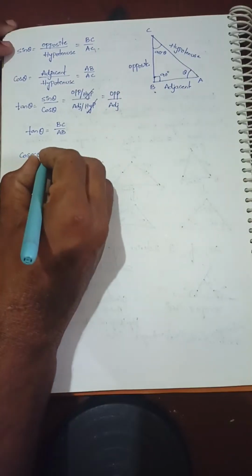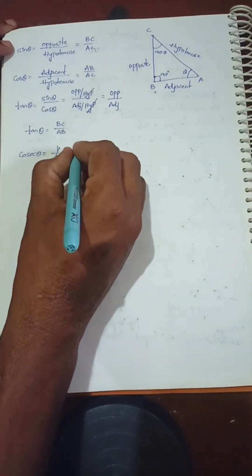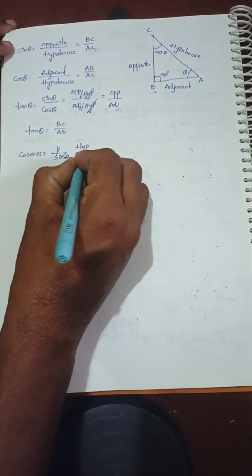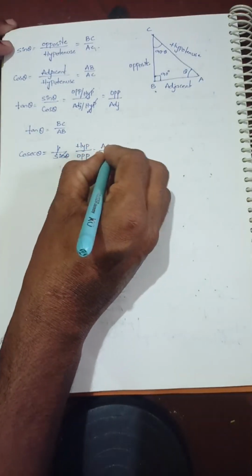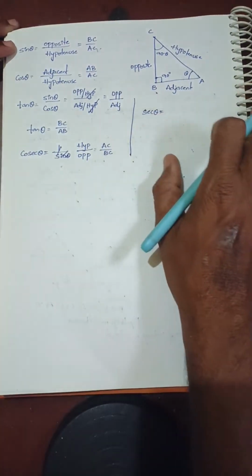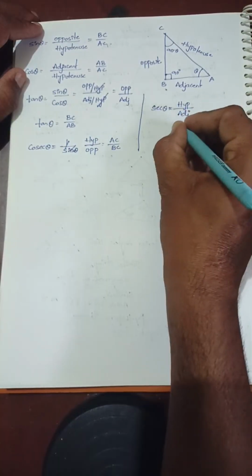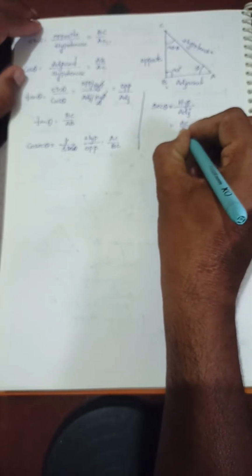Next, the reciprocal of sin theta is cosec theta. Cosec theta is equal to, generally we can write the reciprocal, 1 by sin theta. That is hypotenuse by opposite side, that is AC by BC. Here I am writing the fifth one, that is secant theta, which is equal to hypotenuse by adjacent side, that is AC by AB.